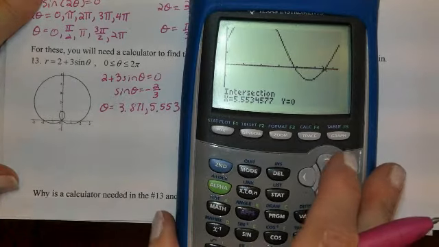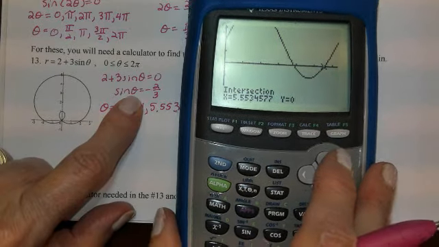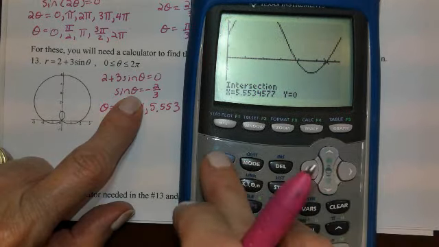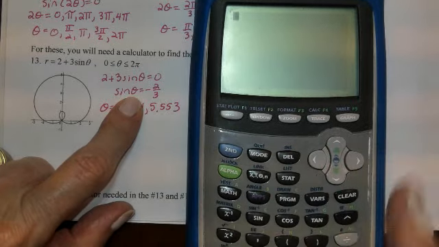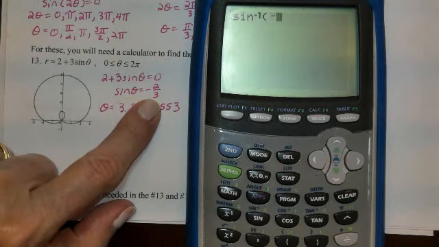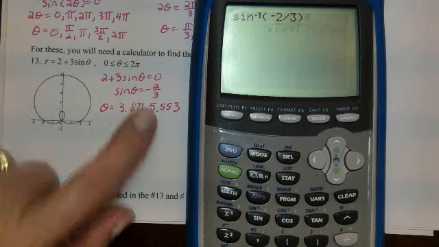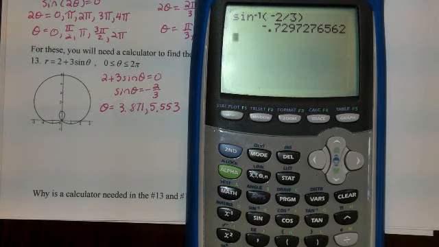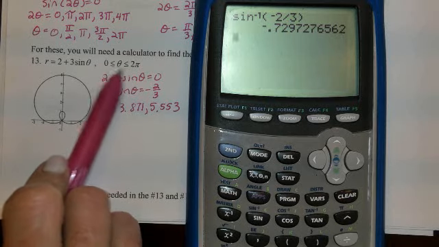Yes, you can do it with arc sine. If I did second arc sine of negative 2/3, it's going to give me a theta value. It's just not in the range that I want it to be in.